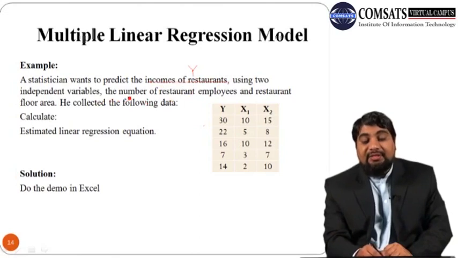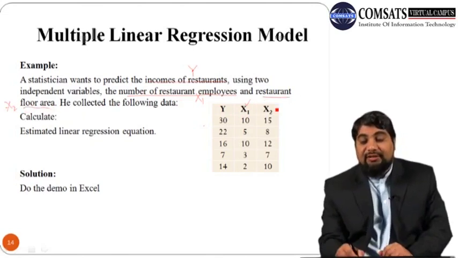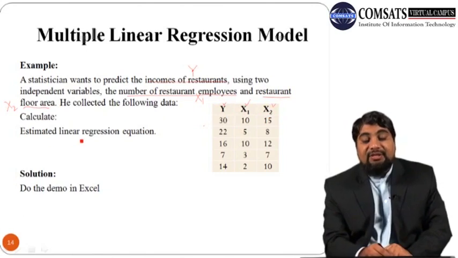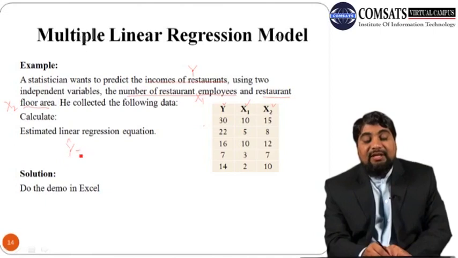The first independent variable, the number of restaurant employees, is labeled as x1 here, and restaurant floor area is labeled as x2. So we have data on y, x1 and x2. He collected the data and we calculate the estimated linear regression equation. It means we need to calculate y hat equals alpha hat plus beta 1 hat x1 plus beta 2 hat x2.